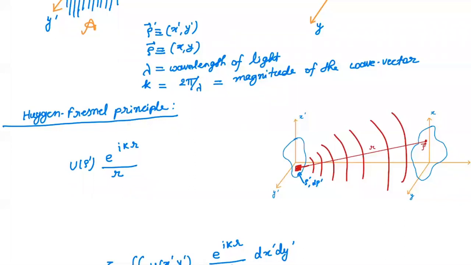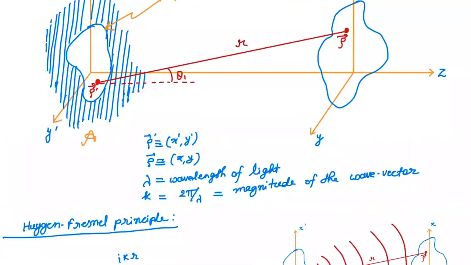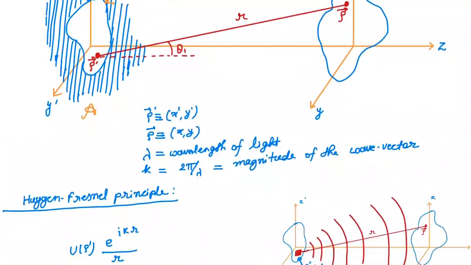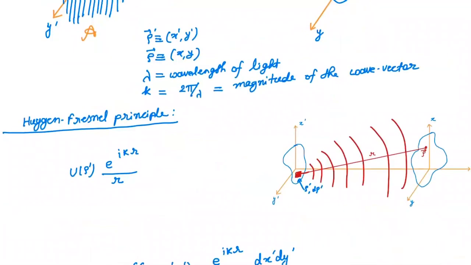Now this spherical wave, depending on which way it is going, whether it is arriving in a straight line or, as I've shown here, arriving at an angle theta at this point. I should have mentioned this before introducing u rho prime, but that's okay. If it arrives at an angle theta, there will be a cosine theta factor.